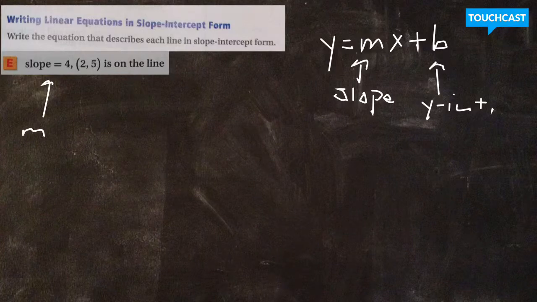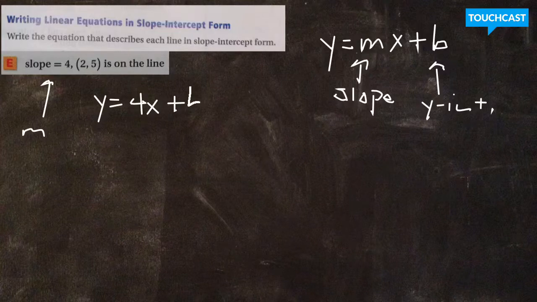We know that the slope is 4, so we can go y is equal to 4x plus b. And then we know the point (2, 5). x is 2 and y is 5. So we can plug 5 in for y and 2 in for x.